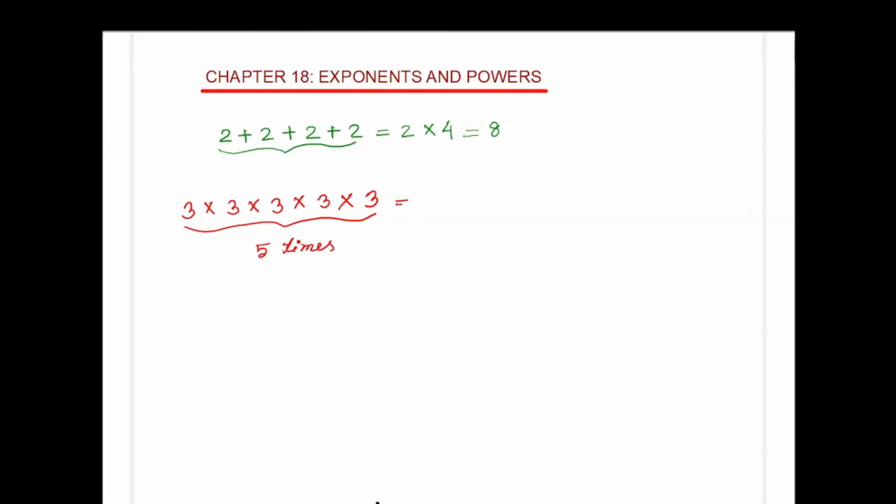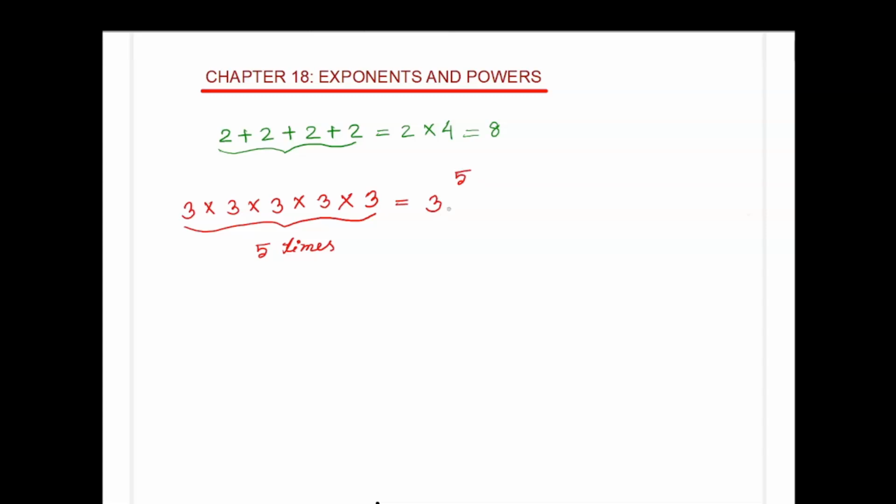So it can be written as 3 to the power 5. That means we have written 3 down, which indicates the number we are repeatedly multiplying, and how many times we are multiplying, that number comes up.